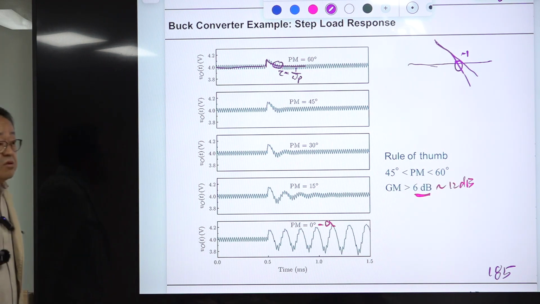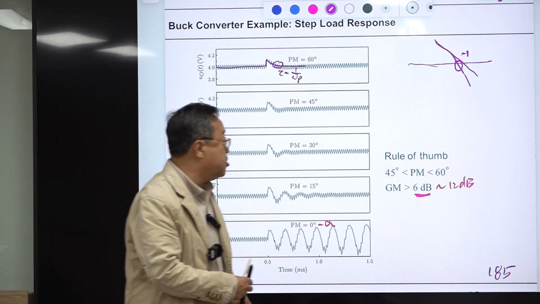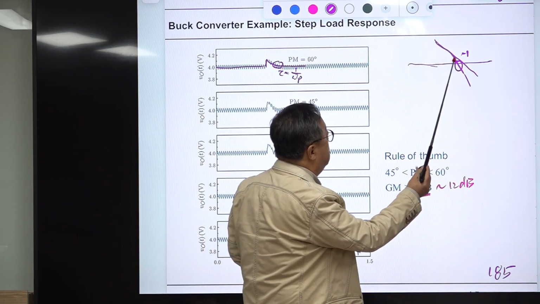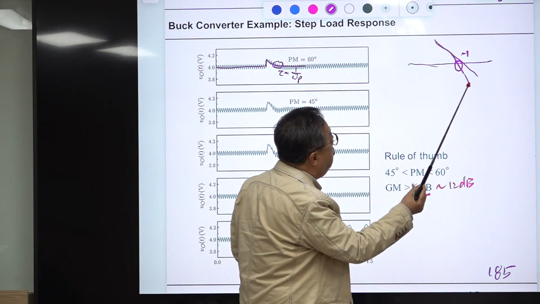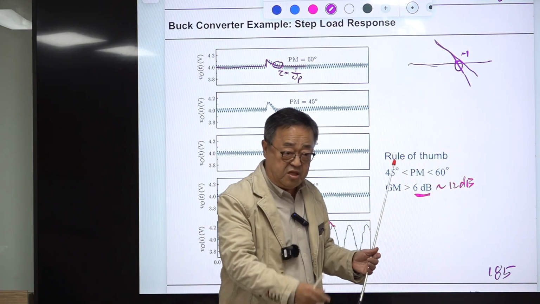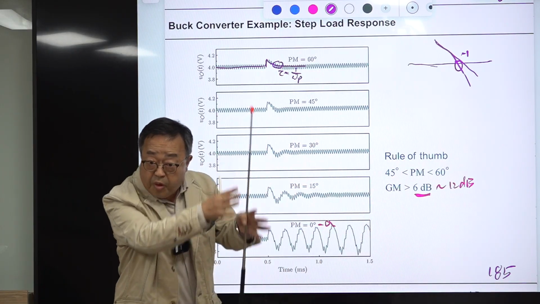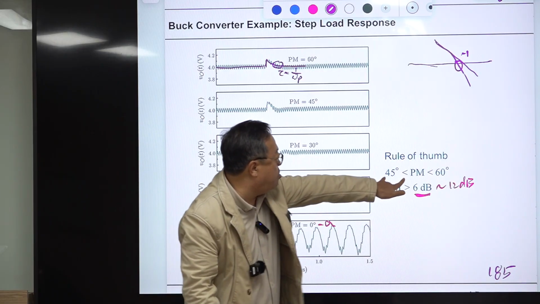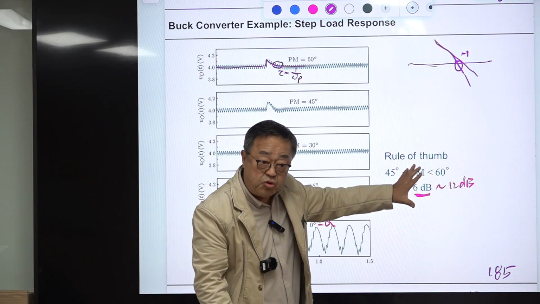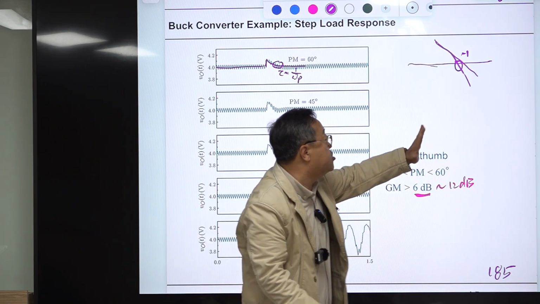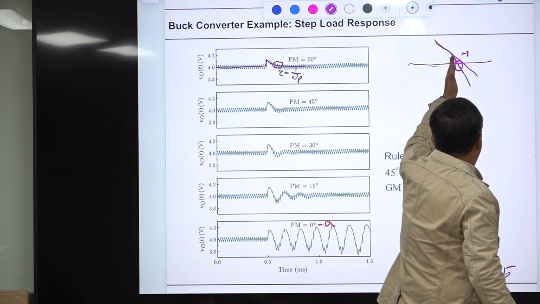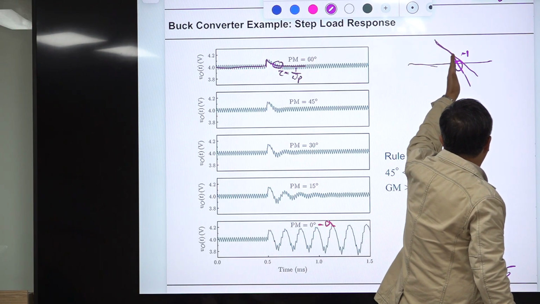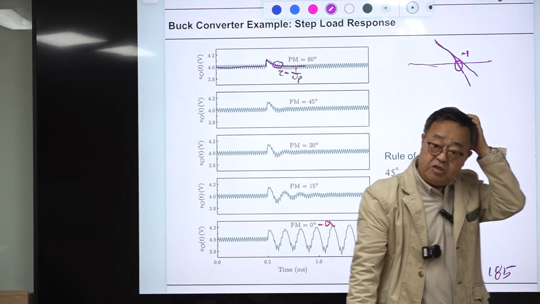A -3 slope is surely an unstable system, and with a larger or steeper slope, the phase is changing more abruptly. That means the margin will run out very soon. Okay, if there is some minor disturbance or minor tolerance, then the converter is unstable.